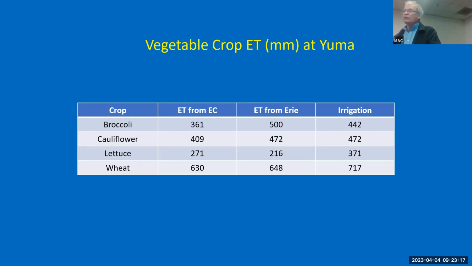We not only look at what the eddy covariance technique produces, but we compare that with the historical tabulated data from Leonard Erie, which I mentioned previously. And we also look at the irrigation amounts applied. It's a little tricky to accurately measure irrigation inputs depending on the irrigation system, but we do our best to measure the inflow of those water flumes.